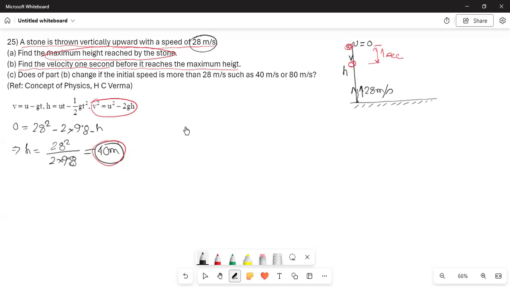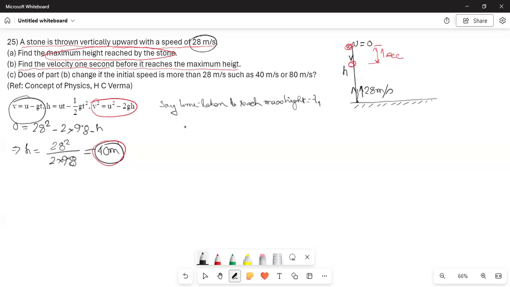Let us say the time taken to reach the maximum height is t1. In that case, we use this equation to find the time.